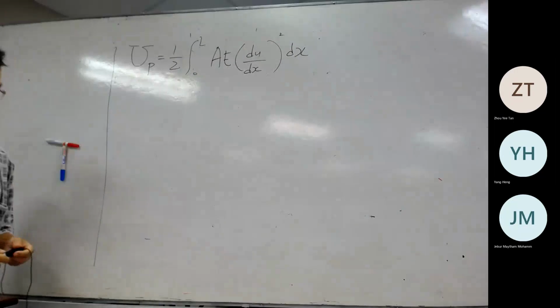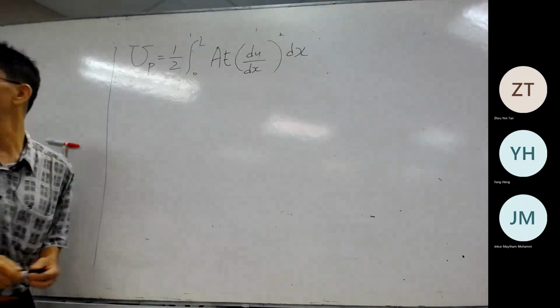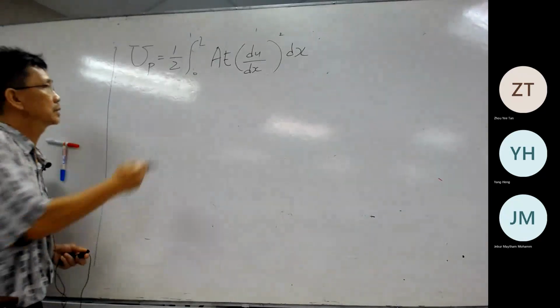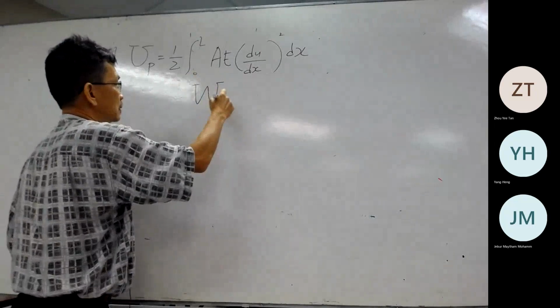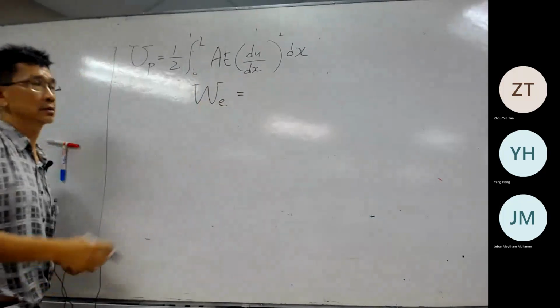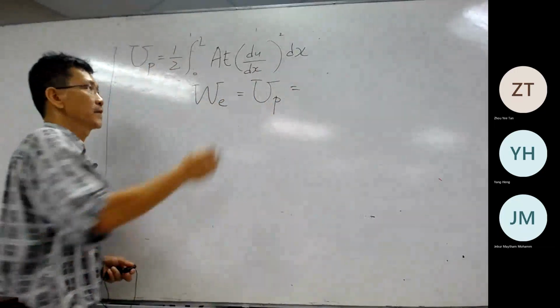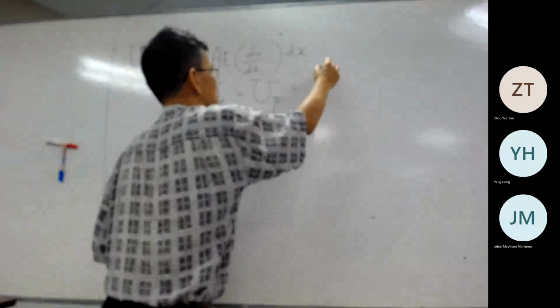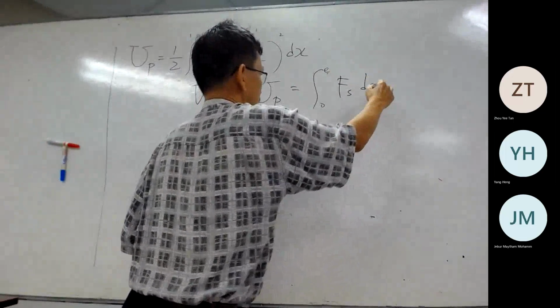Now, we start with the work done. Earlier on, we have the work done by the external load, which is equal to strain energy. In general, it is the integral from 0 to E of Fs d epsilon s.